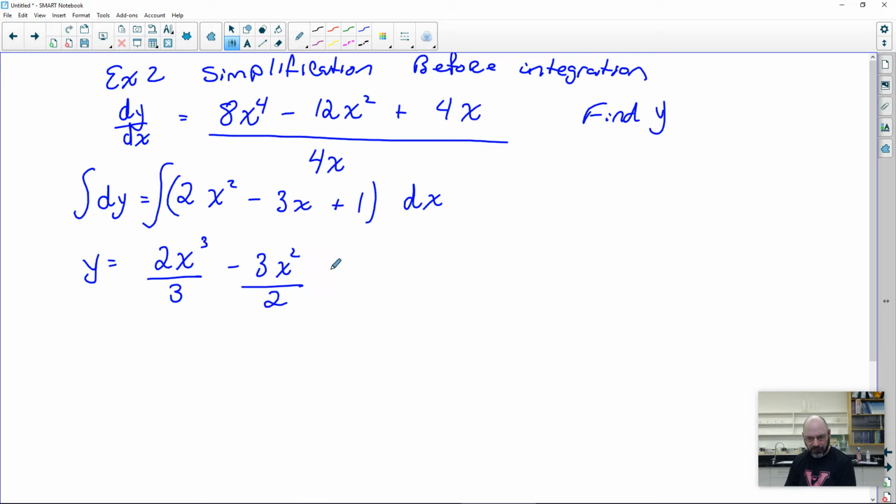And then, of course, here, add an x, and then add the c. Does anything reduce? Nope. So there is our y value for that particular question. So there's an example of where you might have to do a dividing simplification.